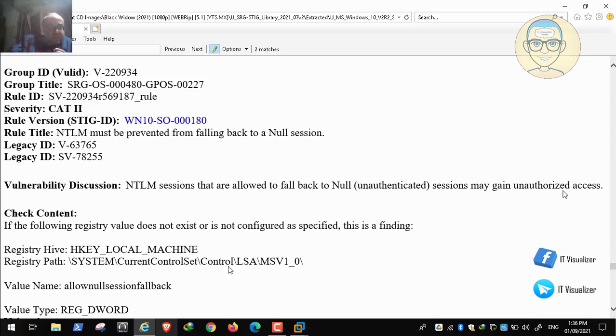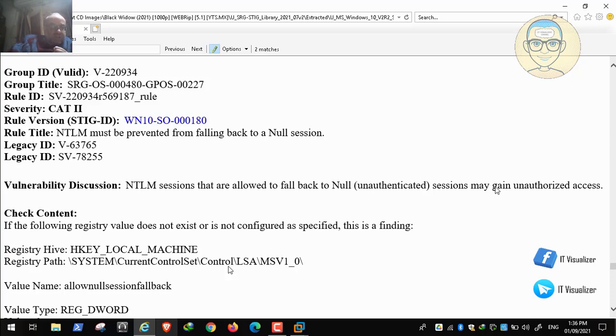So he's saying that, for example, if the server does not support NTLM, if the NTLM sessions are not supported by the server, he will authenticate you anyway, or unauthenticated sessions may gain access.